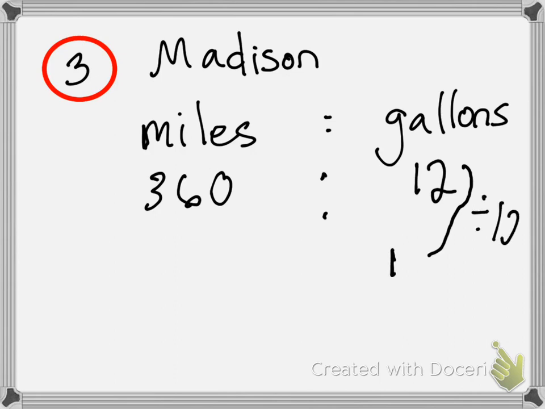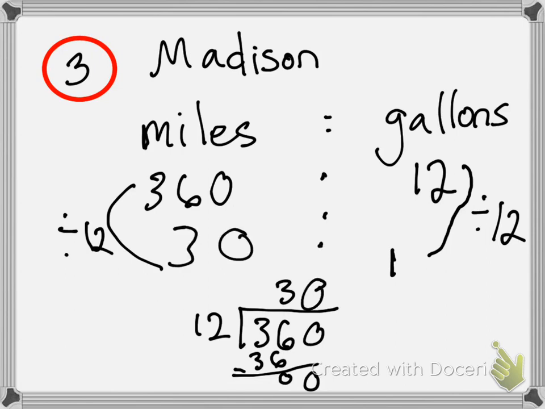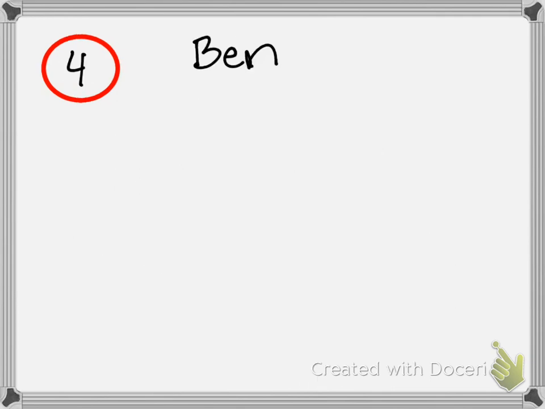And we have to do the same to this side, divided by 12. Excellent. What's 360 divided by 12? 30. Excellent work, Madison. Great job.